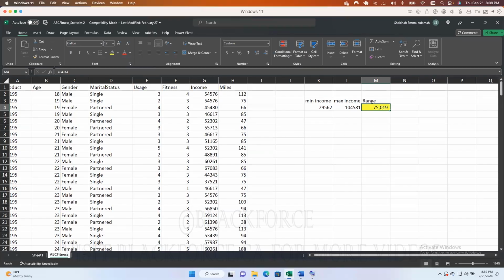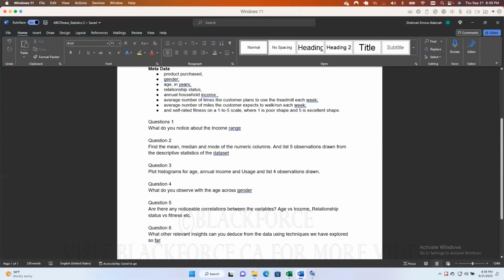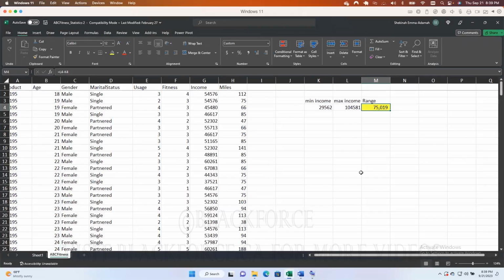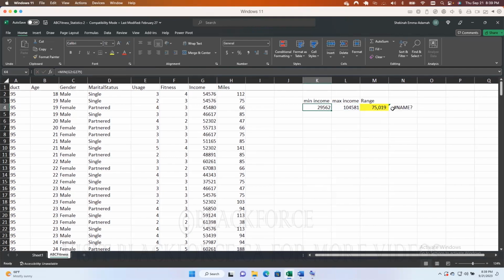And then the question also said to make some comments on the range. So does anyone have anything to say about the range? It's quite a large range, right? At this point, it's just left to your creativity. You could say, so this divided by this.